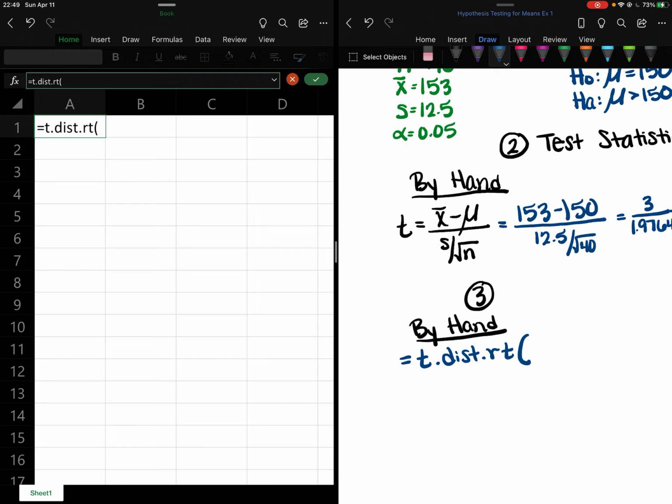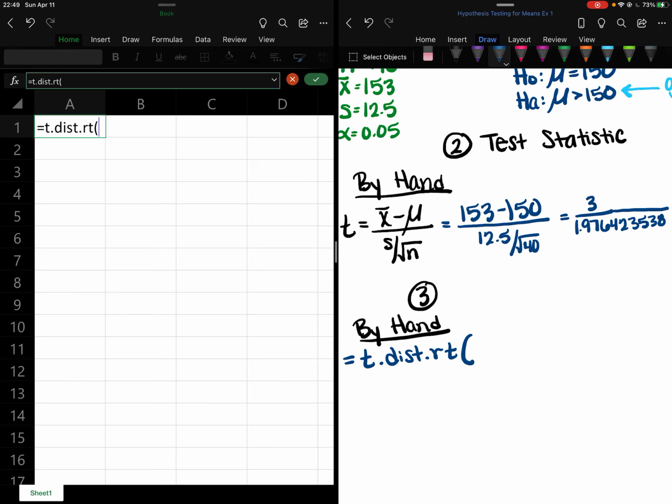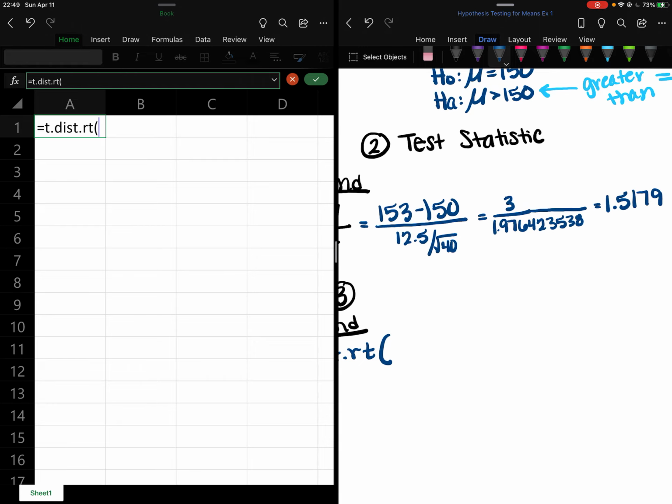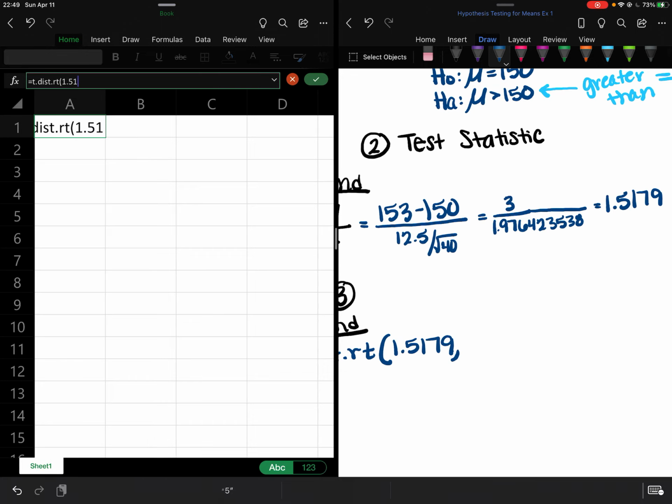Now, there are two things, I believe two things. It's not telling me, so I hope I remember this. There are two things that I have to enter into the arguments for t.dist.rt. The first thing is the t-score, 1.5179. So come up here, 1.5179.